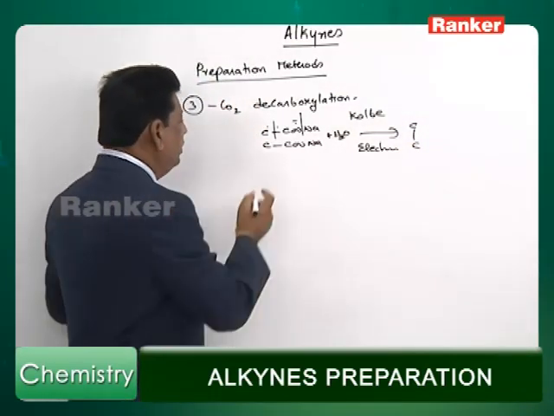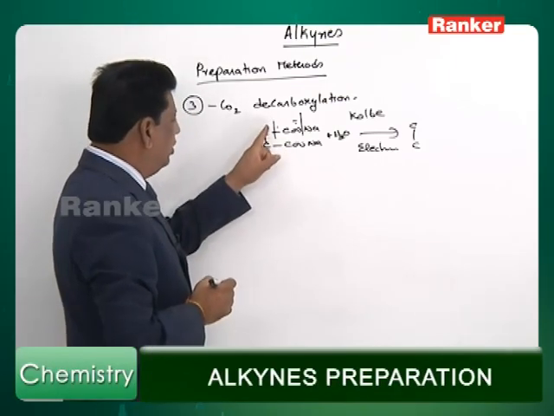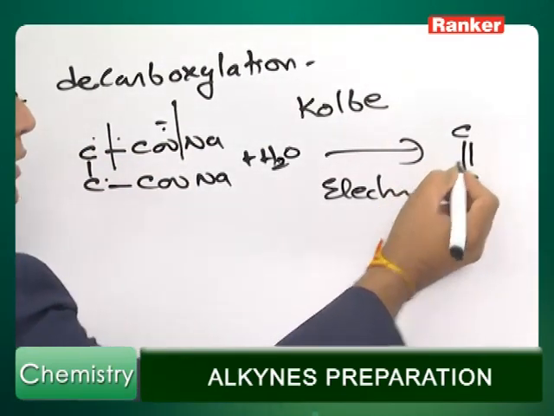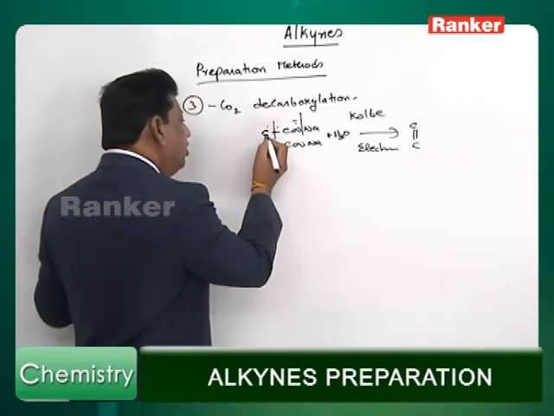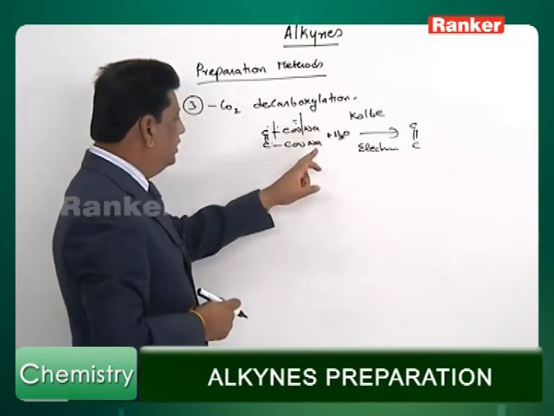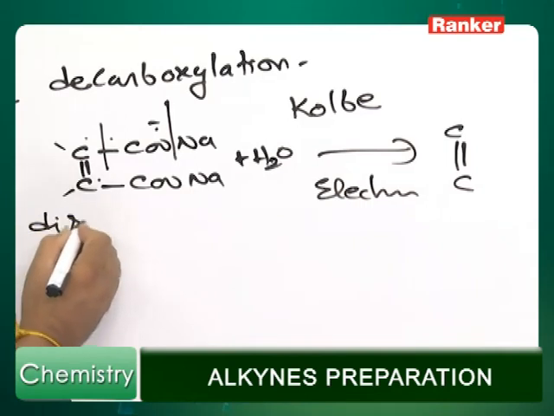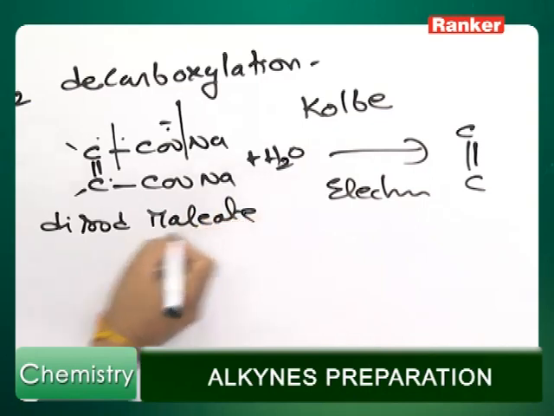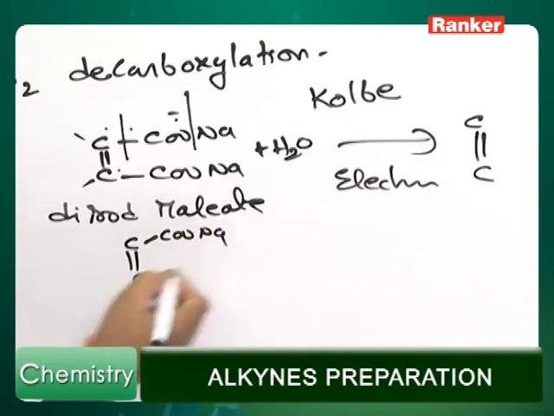But now what we are doing is, if already one bond is there, so one more dot, from this side one dot comes, it makes a double bond. So, the method can be extended for the double bond. If the compound is already having a double bond, what we are taking now is the disodium salt. If the COOHs are on the same side, it is called disodium maleate. You can also take the 2 COOHs on the opposite side, it does not matter.